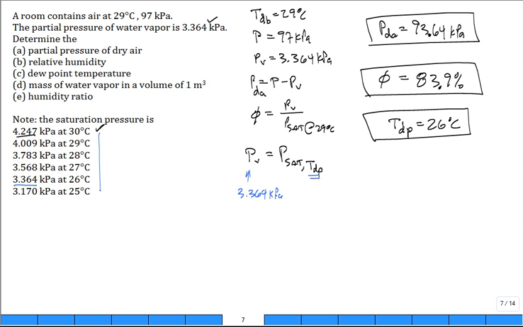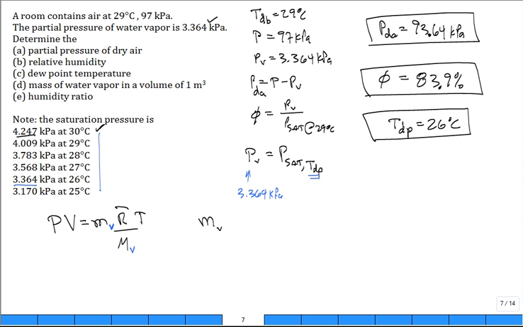What is the mass of the water vapor in a volume of 1 cubic meter? So we want to calculate the mass of the vapor. If we use the ideal gas equation, maybe use this form of it: PV is equal to m R-bar T divided by the molar mass. And we're interested in the mass of the vapor.